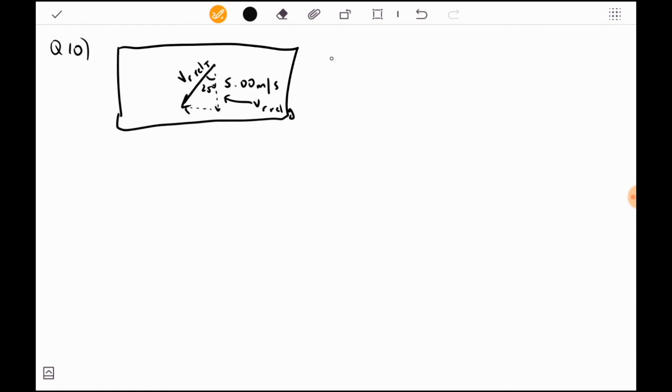So if we go back to our relative motion equation, the equation that we see the most often is, for example, V of A rel C is equal to V A rel B plus V B rel C. So I know that V R rel T is equal to V R rel G. That's this component.